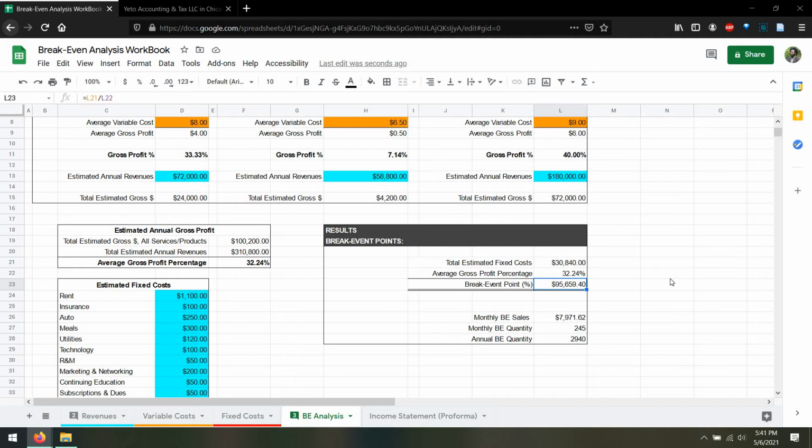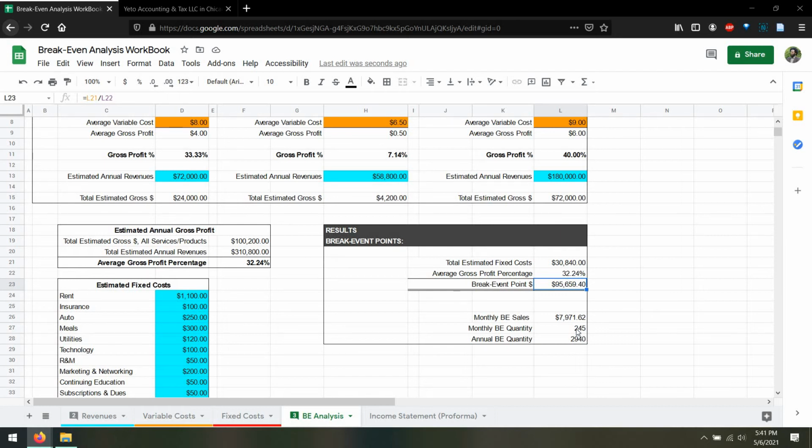All right, so that's the point where we have to be. So this should be in dollars. Right, so you need to sell at least 95,000, or approximately 100K, before you start losing or making money.